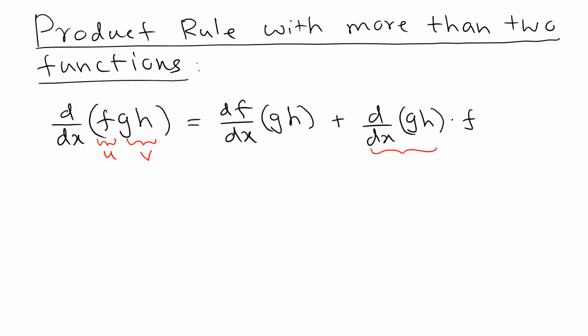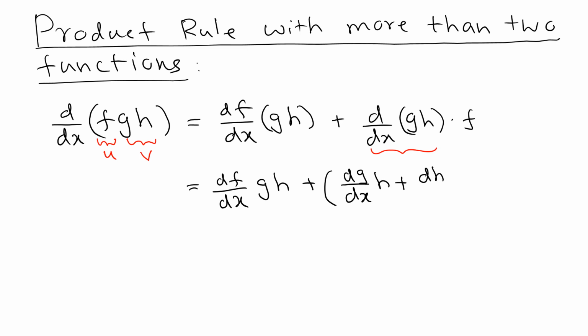So you're going to get df over dx times gh plus, and if you use the product rule here, you take the derivative of the first function, multiply by the second one, and then take the derivative of the second function, multiply by the first one, times f.